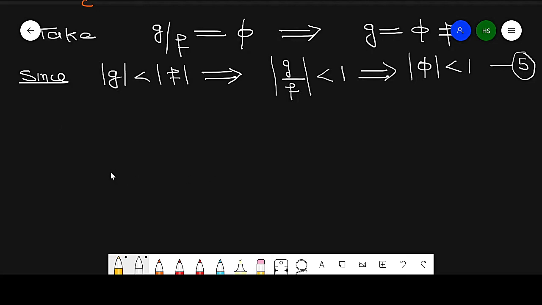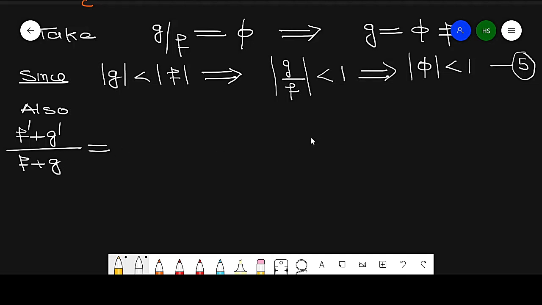Now, also we know f dash plus g dash over f plus g. So simply substitute the value of g.